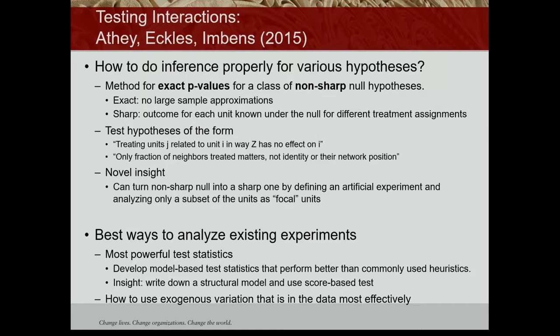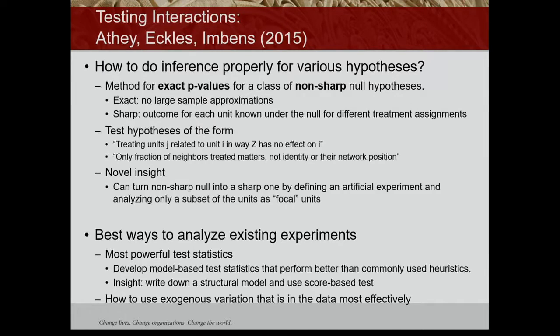It can only work to do what's called sharp null hypotheses. A sharp null hypothesis is a null hypothesis where under the null, I know what your outcome would be under any alternative distribution of other people's treatment assignments. So imagine we're in a network here. If my null is there are no treatment effects and there are no interaction effects, then under the null hypothesis, I could permute the treatments of all of your friends, but under the null, your outcome doesn't change.